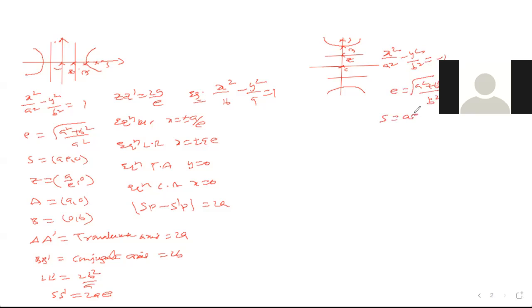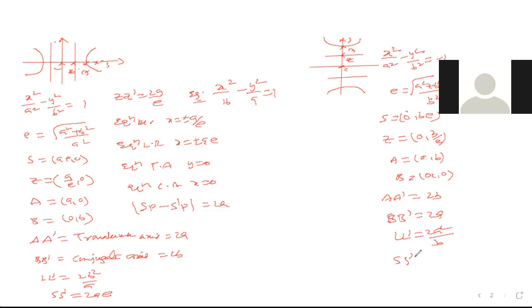S is (0, be), and Z is (0, b by e) here, and A is (0, b) here, B is (a, 0) here, and you know very well the transverse axis is 2b and the conjugate axis BB dash is 2a, and LL dash is 2a square by b, and SS dash is 2be, and ZZ dash is 2b by e we are getting here.